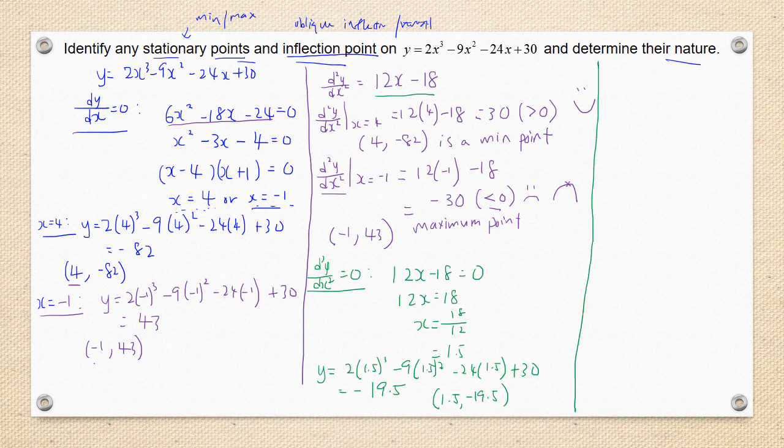As I said just now, to show this point is an inflection point, we have to do the sign test. Now let's see how to do a sign test. It's very simple. You just draw a table. This is your x value, and this is your second derivative. The x value we found, 1.5, we put in the middle.